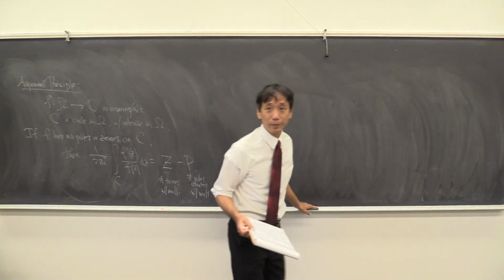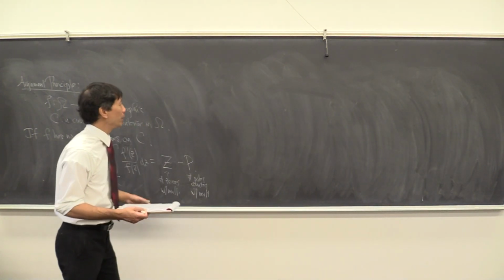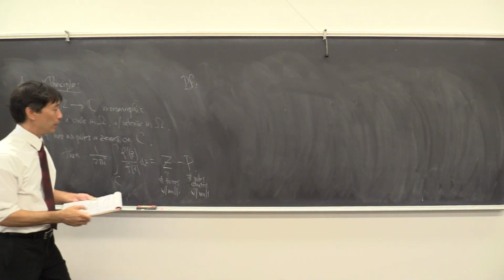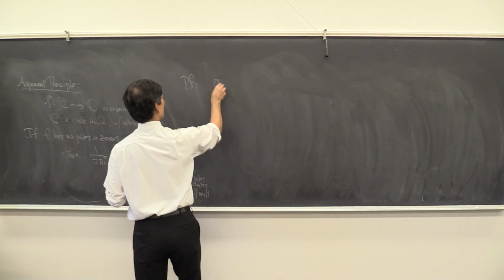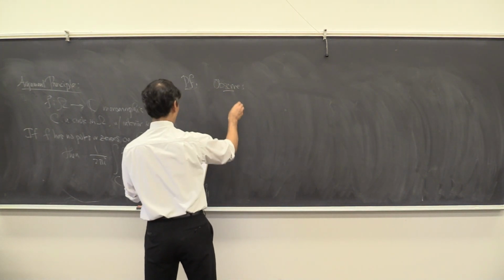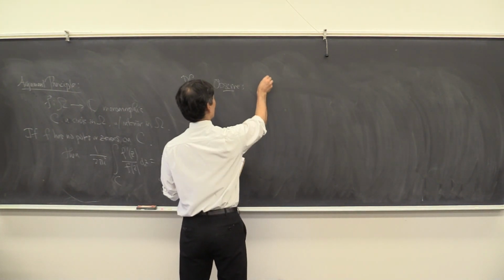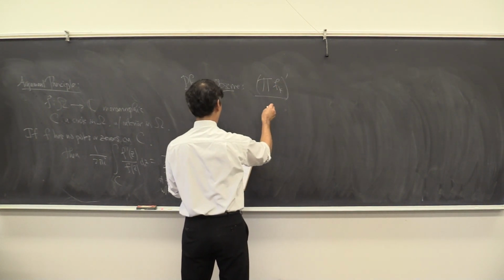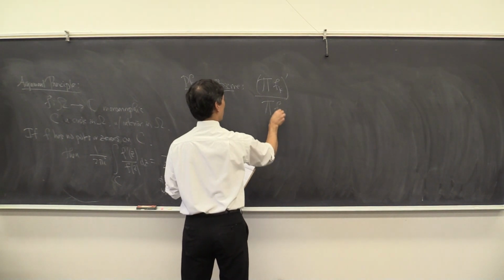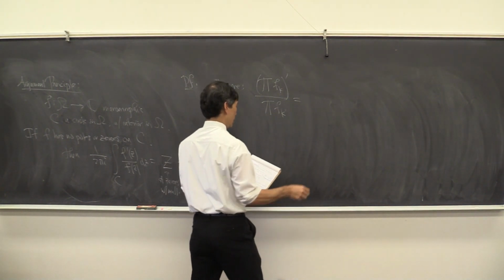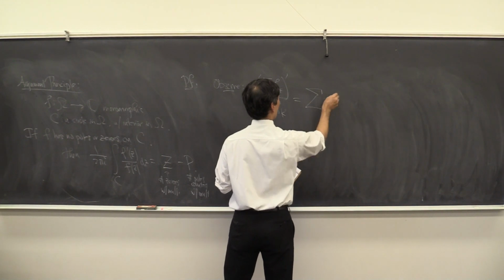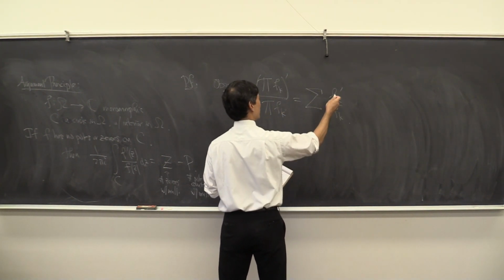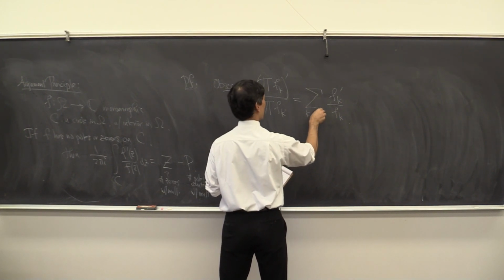That's the statement, and the proof is actually really straightforward. The proof relies on the following observation. First, observe that if you have a bunch of functions and you take their product, and you take its derivative, and you divide it by the product, then what you get is the sum of the derivative of each function over the function.